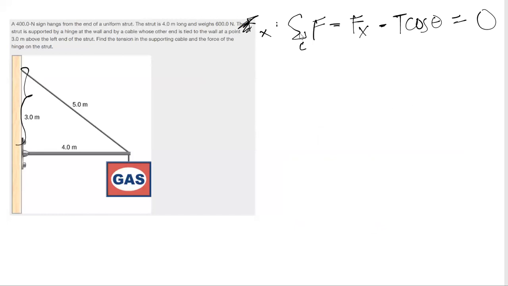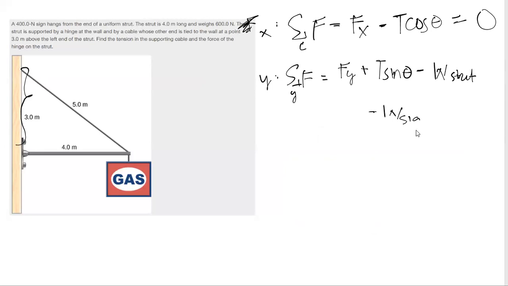So the summation of F sub y is equal to Fy upward plus T sine theta minus the weight of my strut minus the weight of my sign, equal to 0.